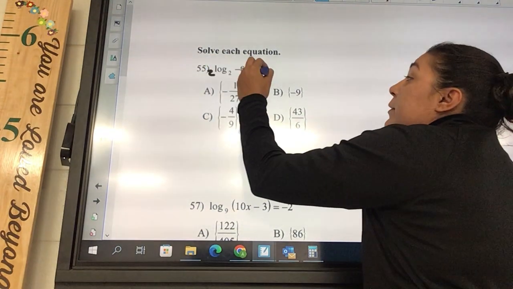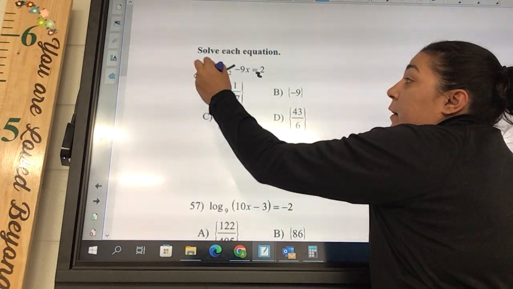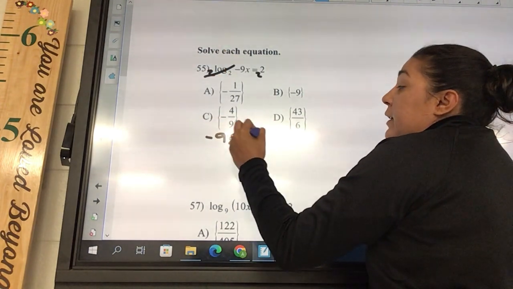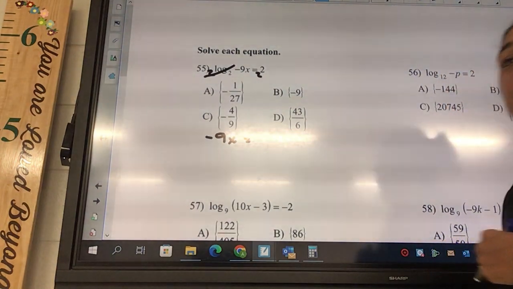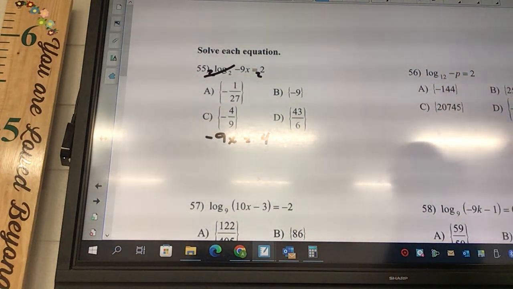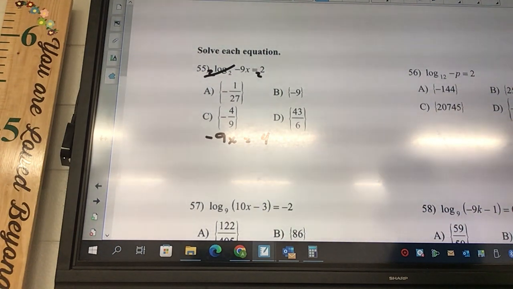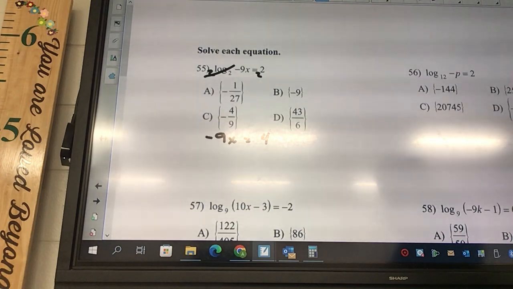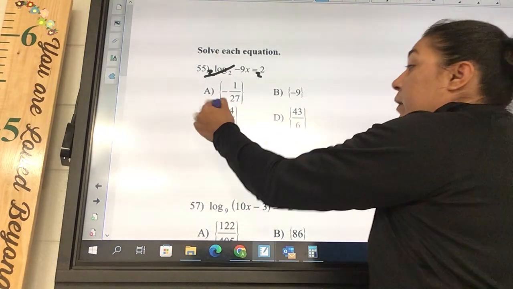Okay, we're gonna raise both sides to the 2 because there's a 2 by the log. Okay, so I get negative 9x equals, what is 2 squared? 4. Okay, and then what are you gonna do? Divide by negative 9. What answer choice is that? Yeah, that negative 4 over 9.